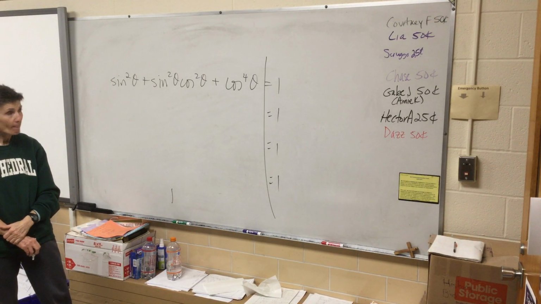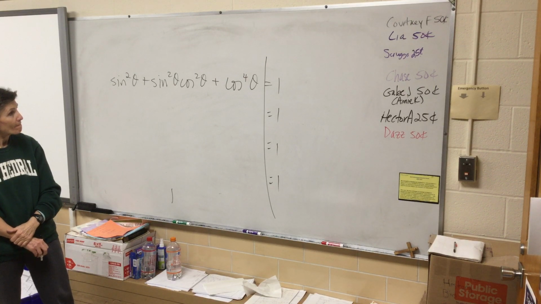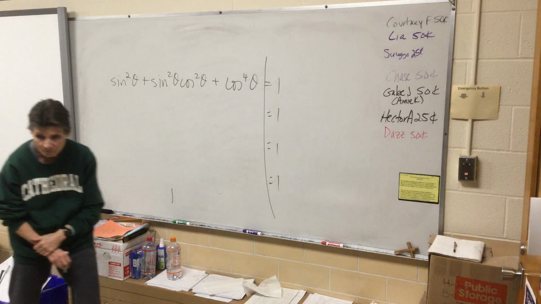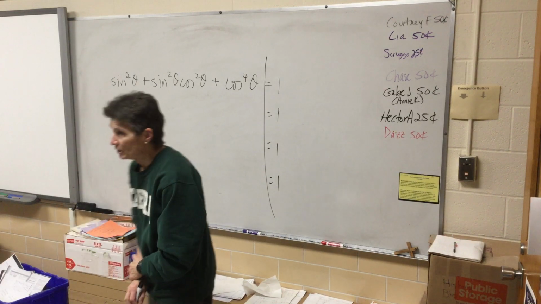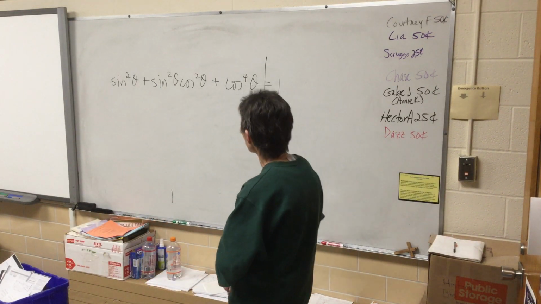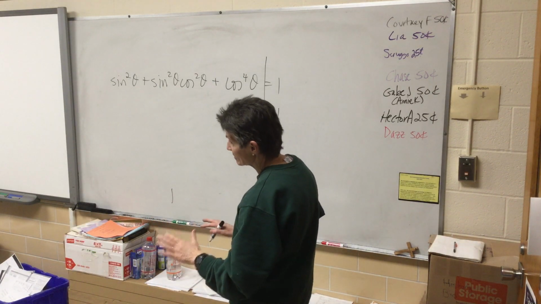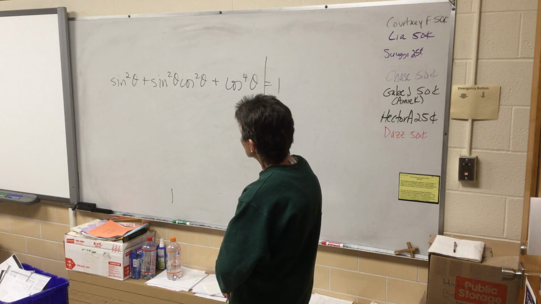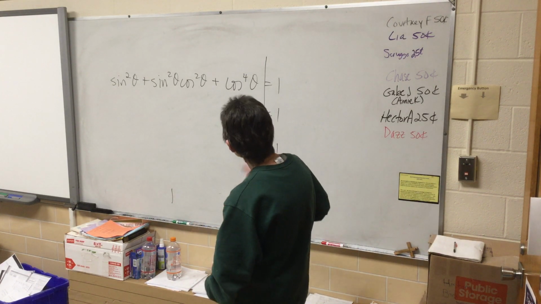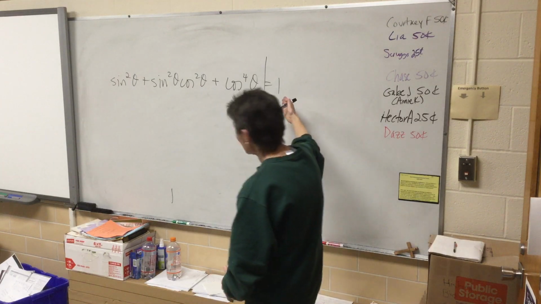Can you make cosine squared and squared, like in a parentheses squared? Absolutely. Very good, Grace. So here's where Grace is going. She says, look, all that's got to cancel out. I got to be left with 1.